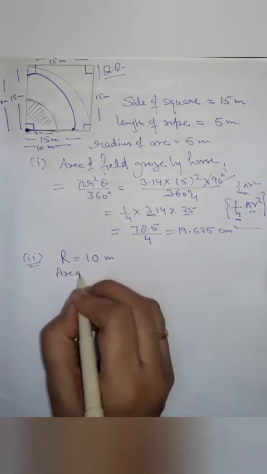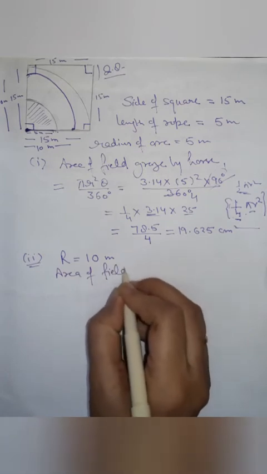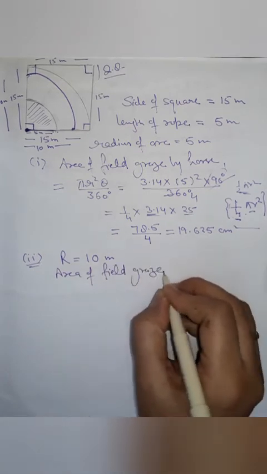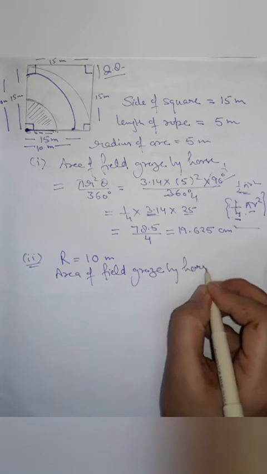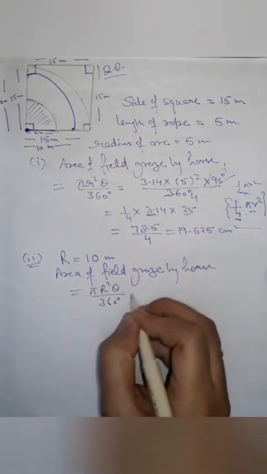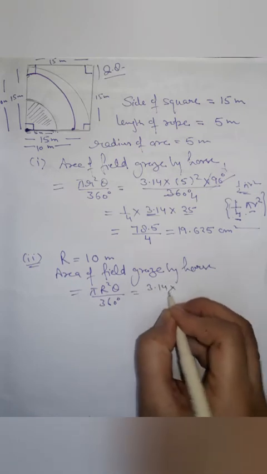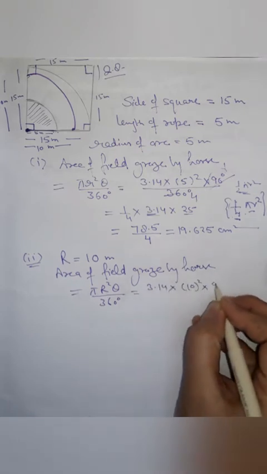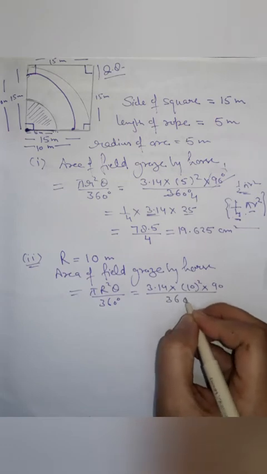Again area of field grazed by horse, pi r square theta upon 360 degree, 3.14, R square 10 square, theta is 90 upon 360.